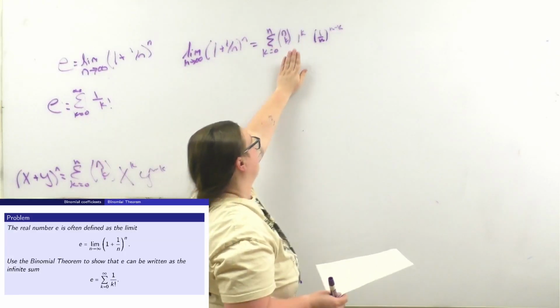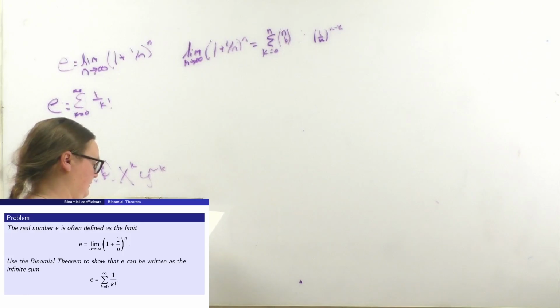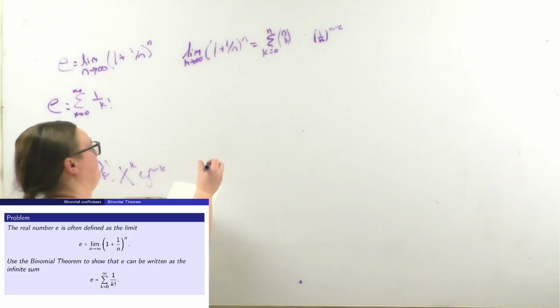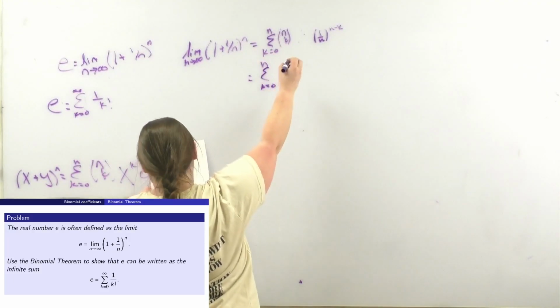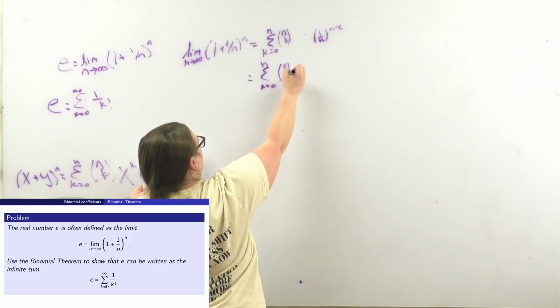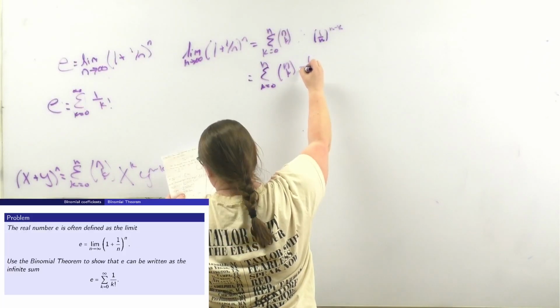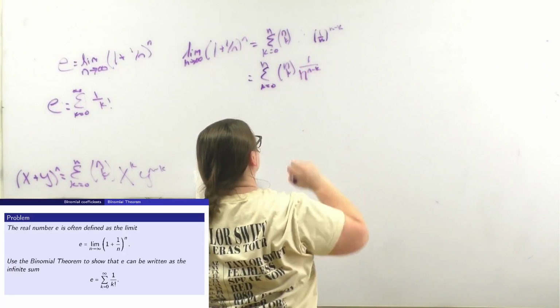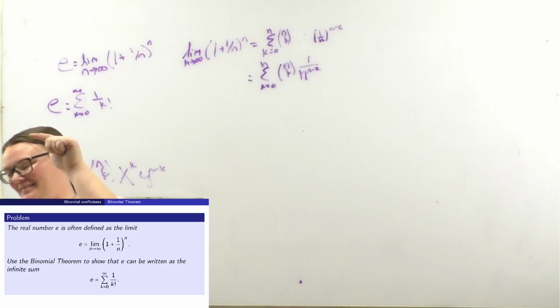So then we get this. This is where I made the mistake earlier, if you're interested. We get 1 over n to the n minus k. We don't get 1 to the n minus k. That was a mistake I made.